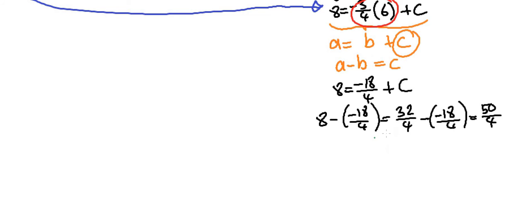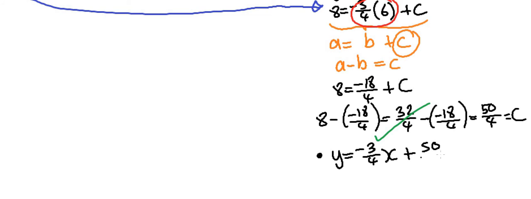So that is step 4. And now my final step: y equals my gradient, which is minus 3 over 4x, plus the c that I just found, which is 50 over 4. And that's it. I've completed the equation for my tangent.